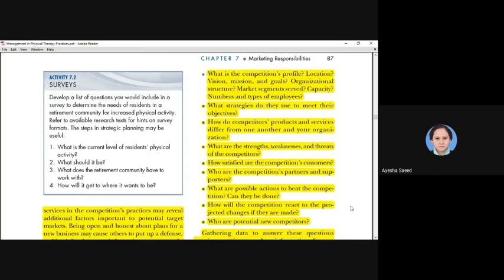What are possible actions to beat the competition? Can they be done? How will competition react to the projected changes if they are made? Who are potential new competitors? So, an analysis of these is going to help you improve your product and think of some way that you could enhance the sales of your product.